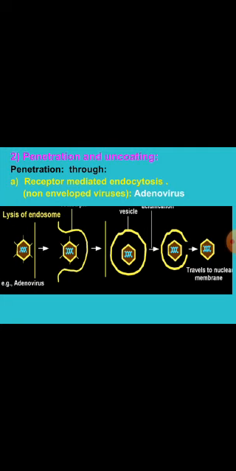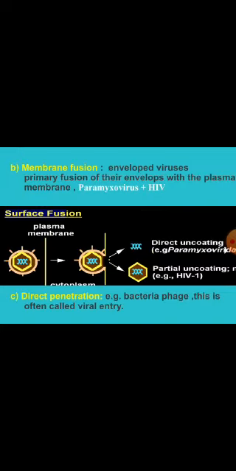Non-enveloped viruses enter the cell through the formation of a vesicle that engulfs the virus inside the cell, called endocytosis, while enveloped viruses enter the cell through fusion of their envelope with the plasma membrane of the host cell. Another method of penetration is direct injection of the viral genome inside the cell, as in the case of bacteriophage.